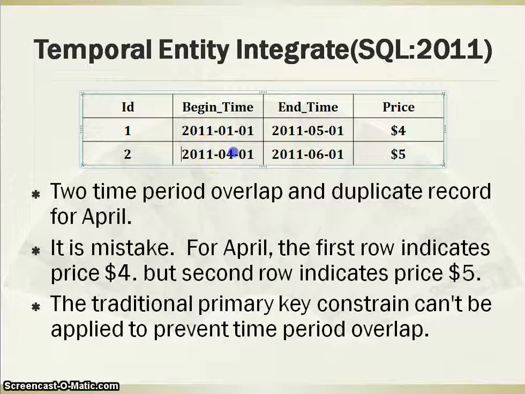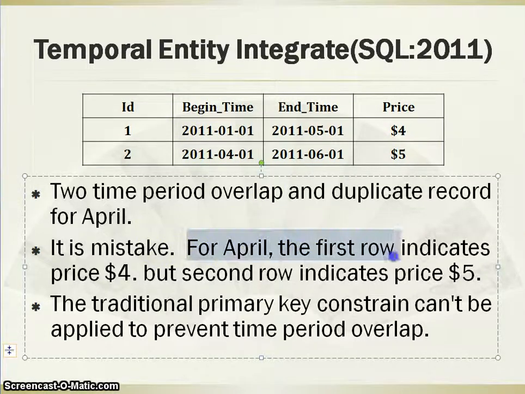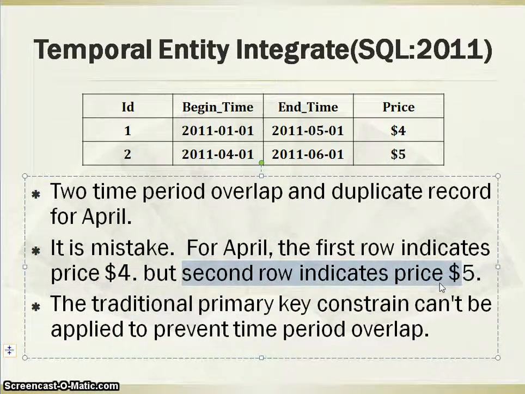However, the second record begins from April to June, and it overlaps in April. So in this one, it's a mistake for April. The first row indicates the price is $4, and the second row indicates it's $5. And this one is called a mistake.